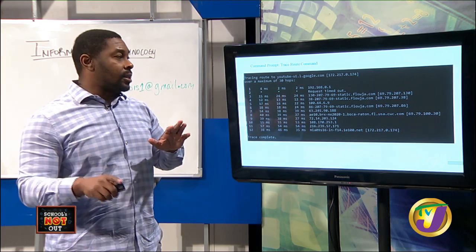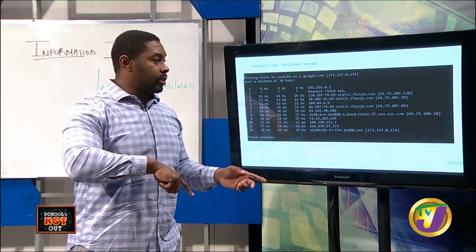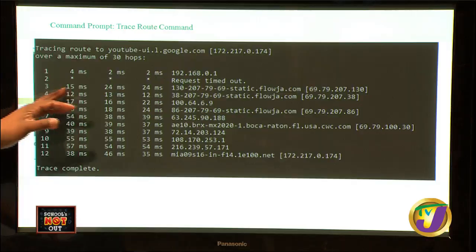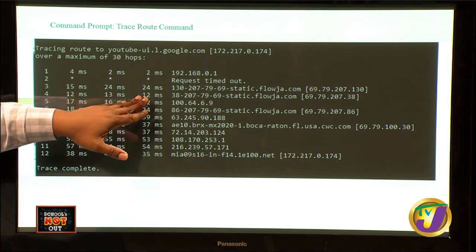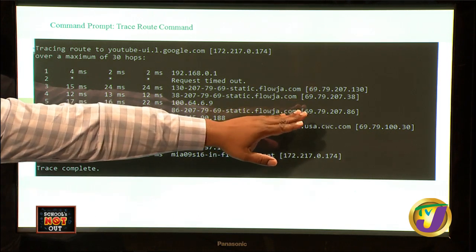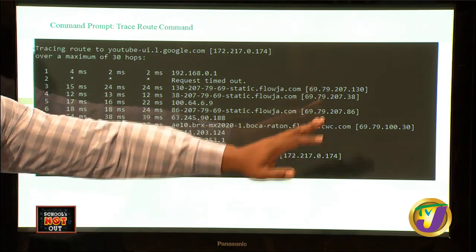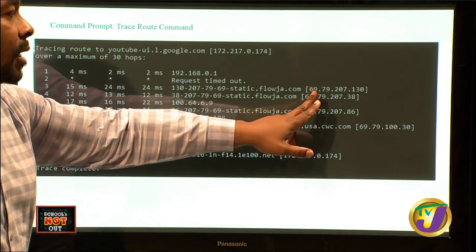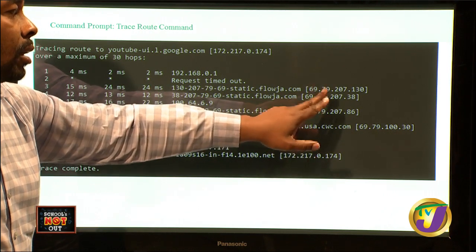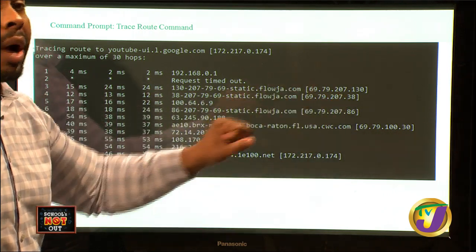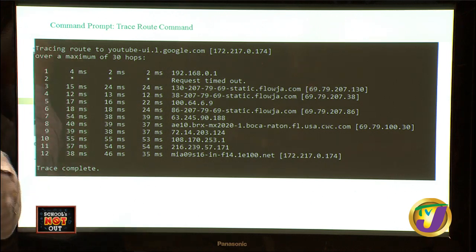After 2 milliseconds, the router says, okay, I'm here. Then something happened and the request timed out, but the router sends out the request again. And this time it sends out a request to the ISP, or to Flow Jamaica. And Flow Jamaica's IP address is 669.79.207.130. That is the IP address of my ISP.